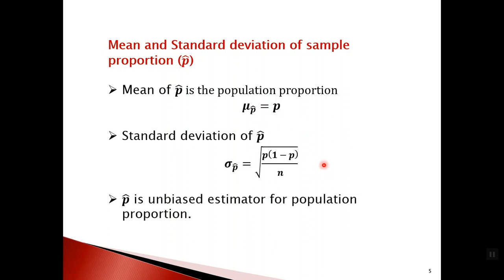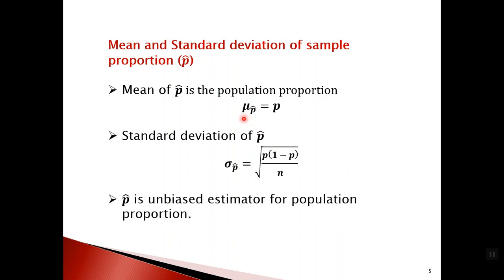Since you know the formulas to calculate the mean of p hat and the standard deviation of p hat easily, we can talk about the distribution of p hat. P hat is an unbiased estimator for the population proportion p.